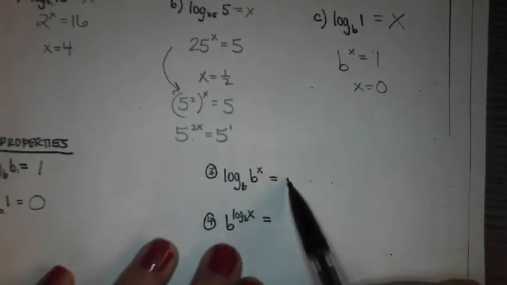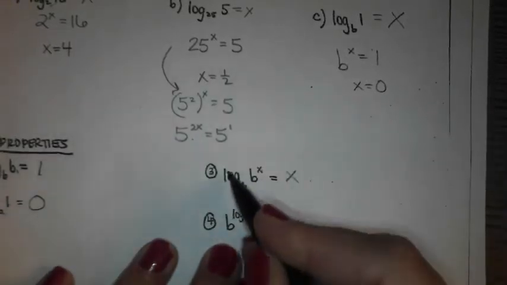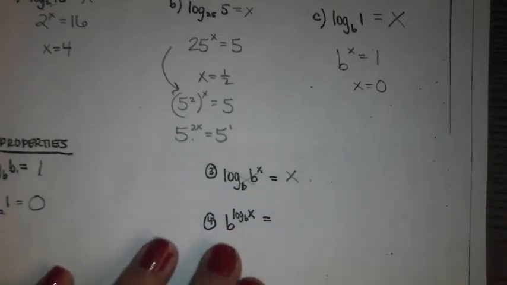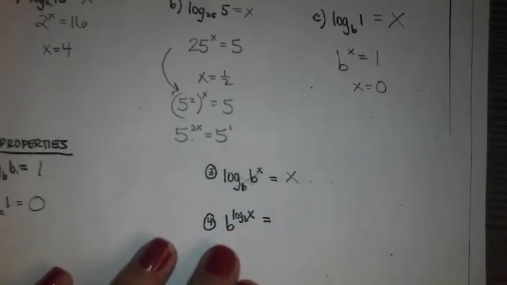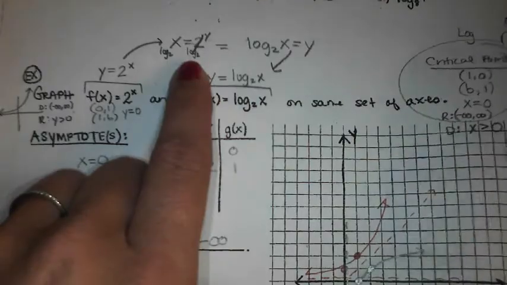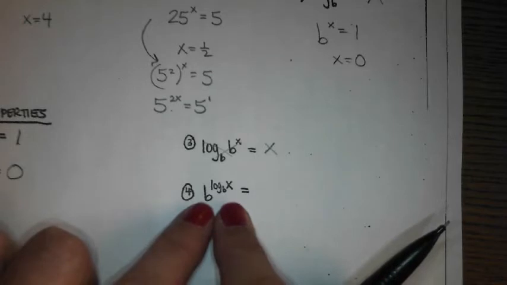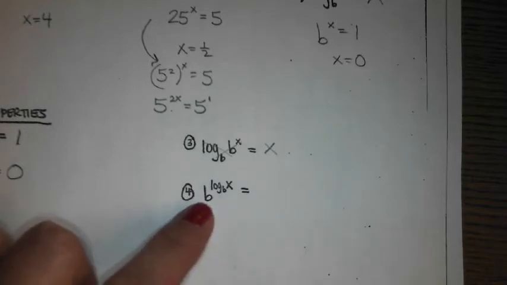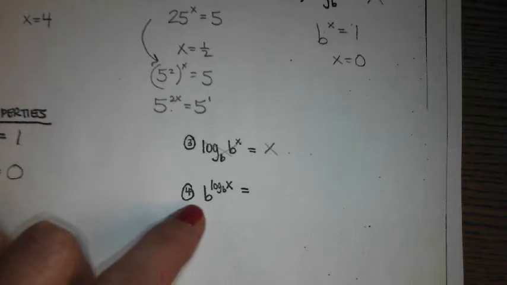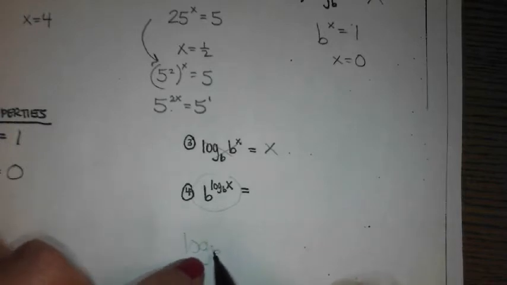B to what power equals b to the x. So there's log base b of b. People think that looks like they just cancel. They do. Log base b of b cancels. Again, we used that already. Log base 2 of 2 just canceled, and we just had y. And then here, what do you think about this one? If we change this to log power, it would be log base b.